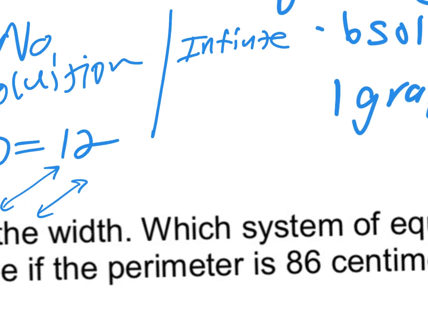If you have infinitely many, what does your algebraic answer look like? It's the same. Your letters will cancel out, and you'll get something like 4 equals 4, or -7 equals -7. Algebraically, when you work it out, you will get a true equality statement that will be true every single time.